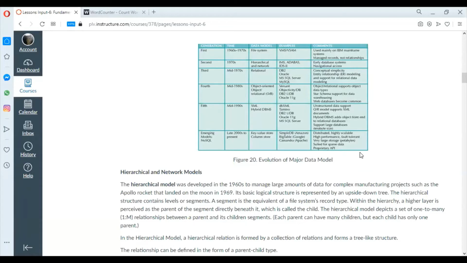Okay, so how did data models evolve? Looking at figure 20, you can see here from the first generation up to the current generation, which is the emerging models, we can see the different evolutions of the different database models, including the examples.